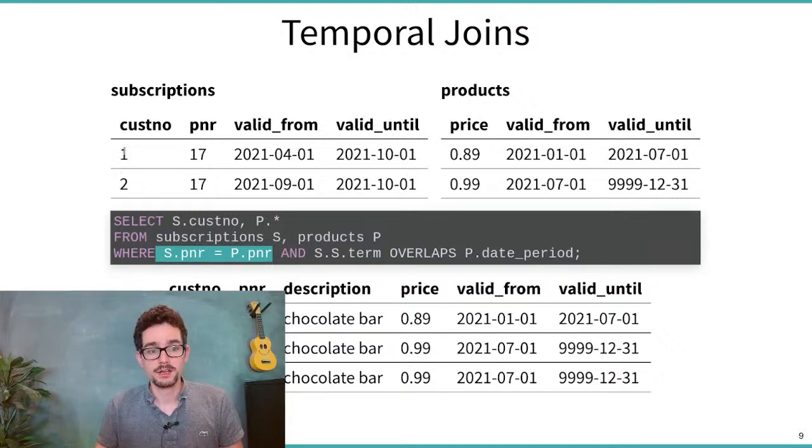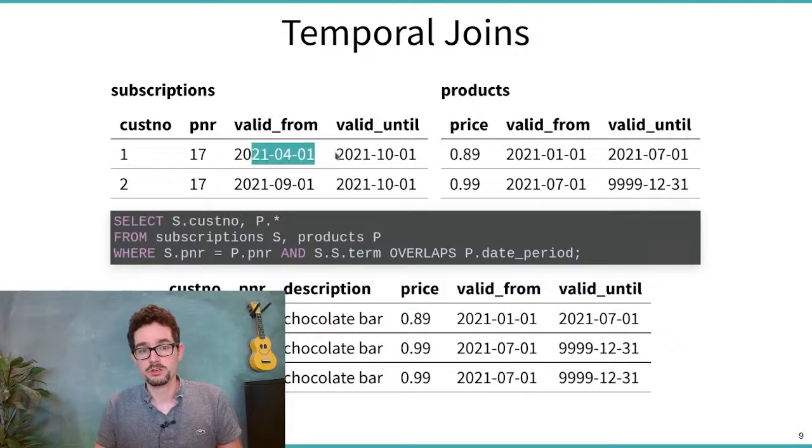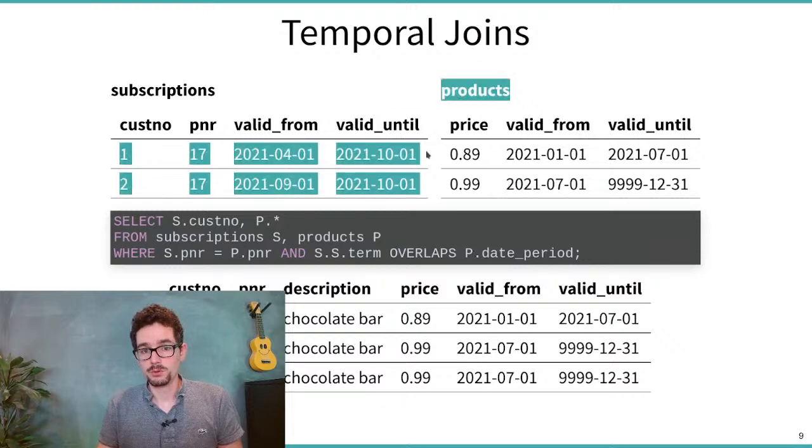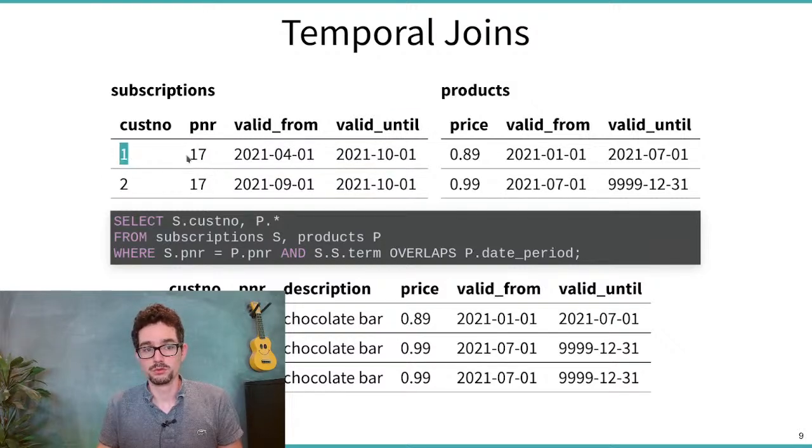So customer number 1 has the chocolate bar subscription from April to October, and in between the price changed. So what our temporal join now finds, first of all, yeah, this product is this product. I omitted the product number column here because of space problems, but this is the product 17, and now they must overlap.